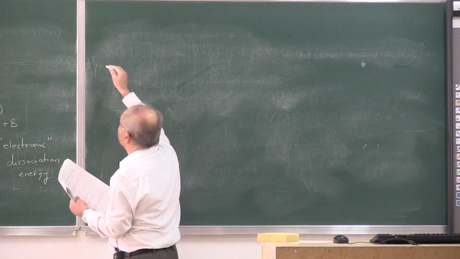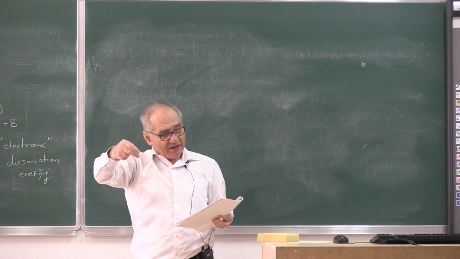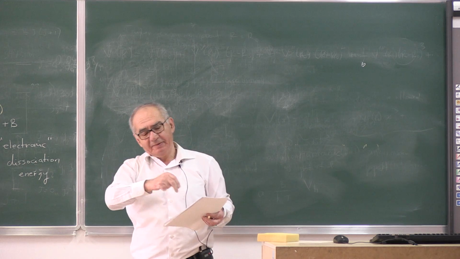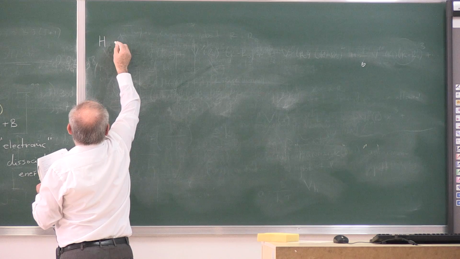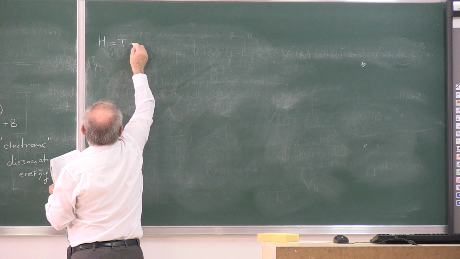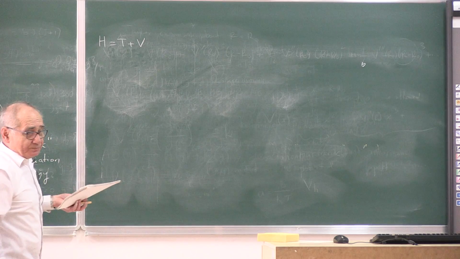Now the Hamiltonian, we are always starting with classical Hamiltonian and then quantizing it. The classical expression for the Hamiltonian is kinetic energy plus potential energy. This is general, right?